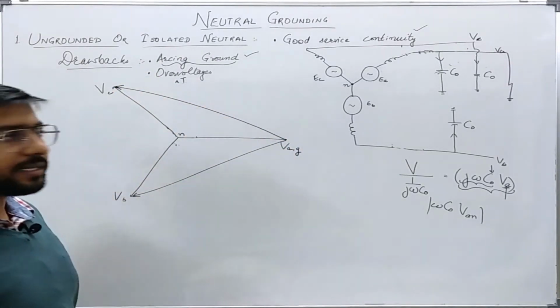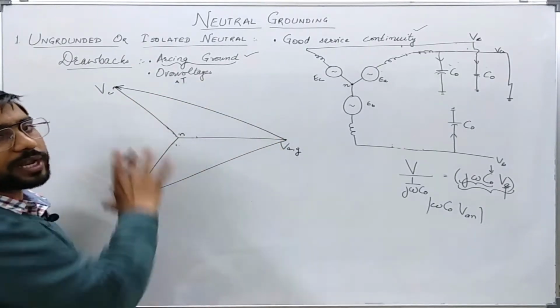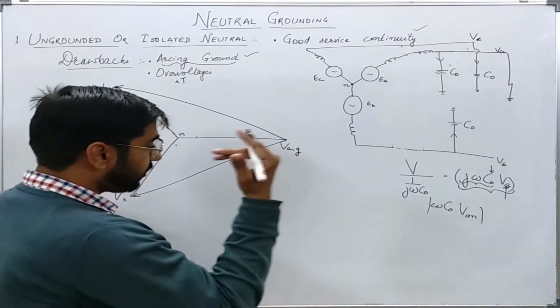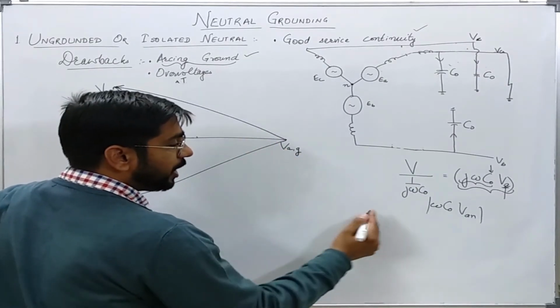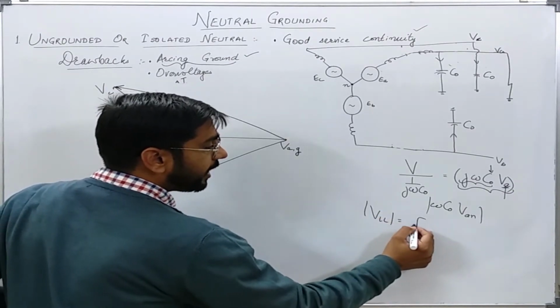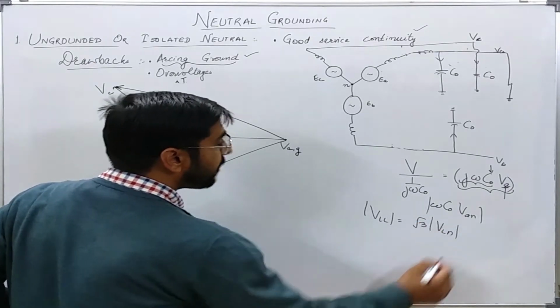Now you can clearly see that these voltages are equal to the line to line voltages. And we know that in a three-phase system, line to line voltage is equal to √3 times the line to neutral voltage in magnitude.